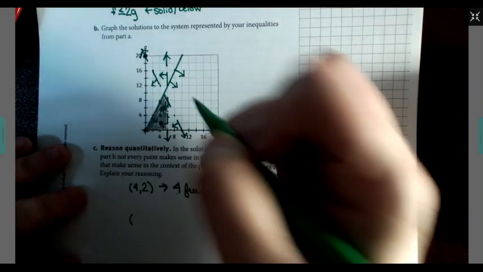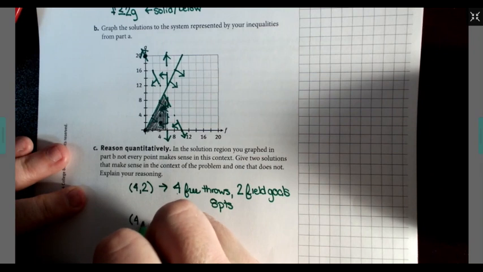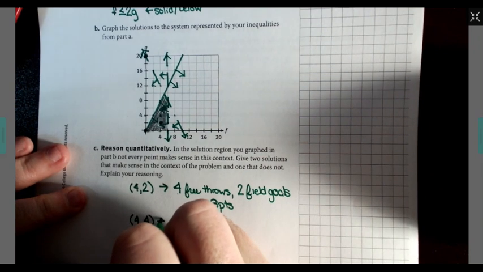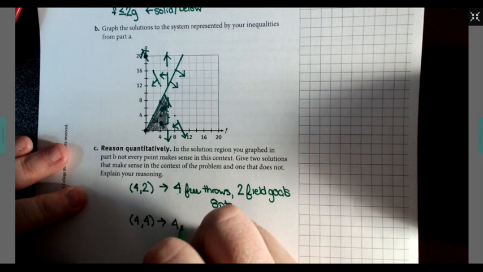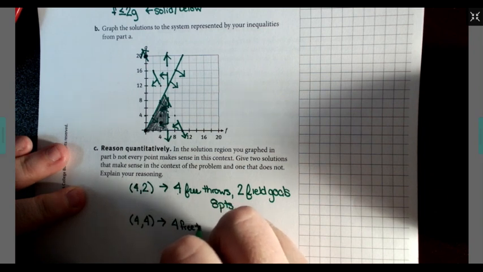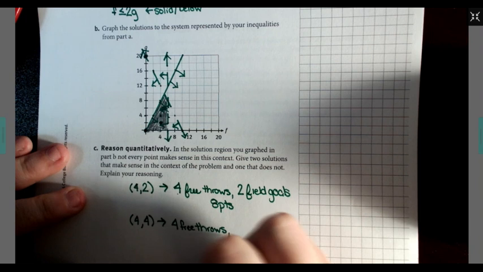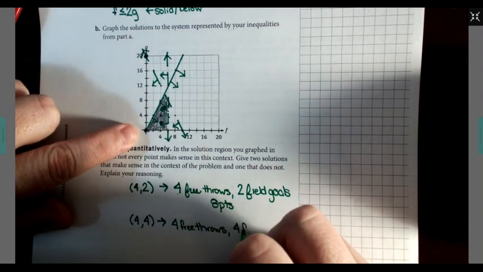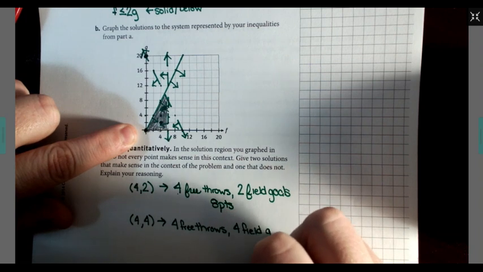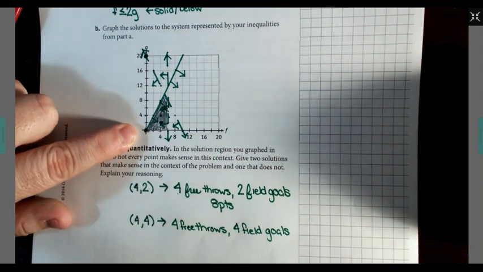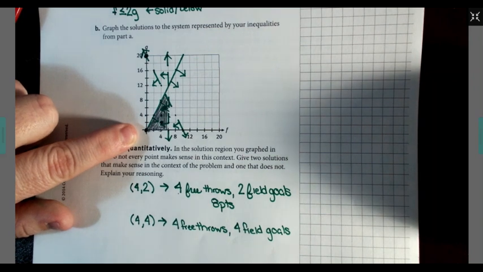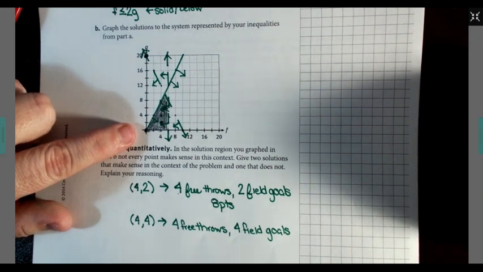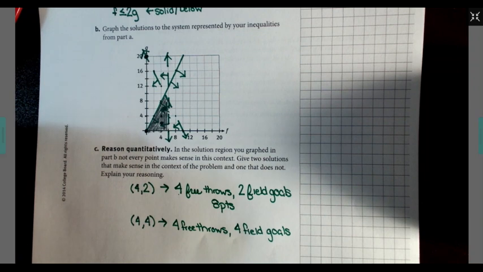What about this point? 4 comma 4. This says he makes 4 free throws and he makes 4 field goals. Yeah, I think I did that wrong.